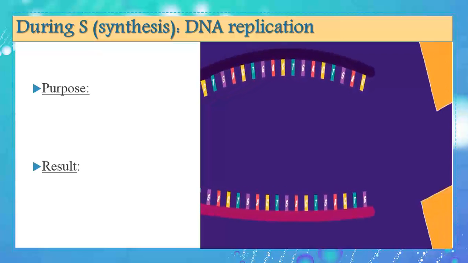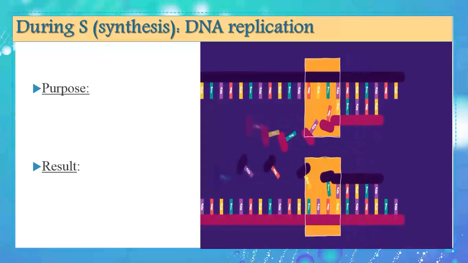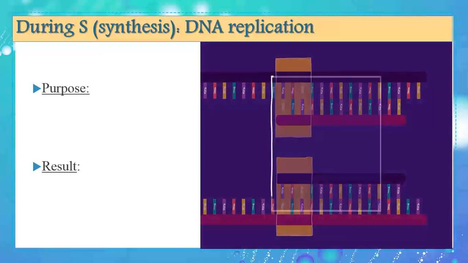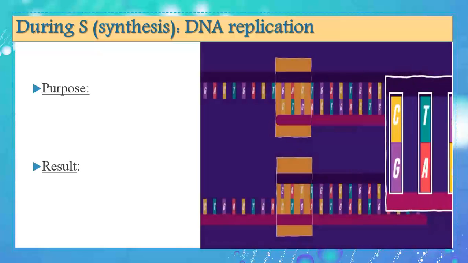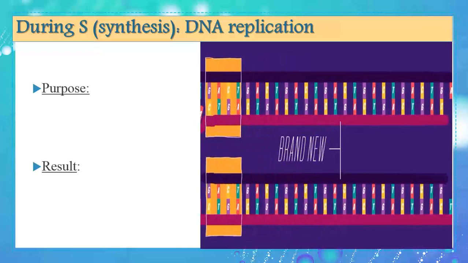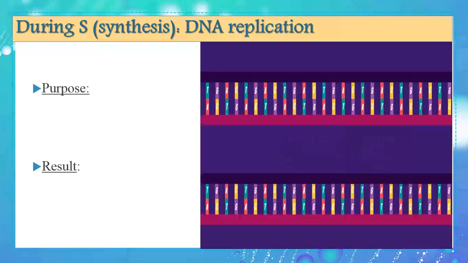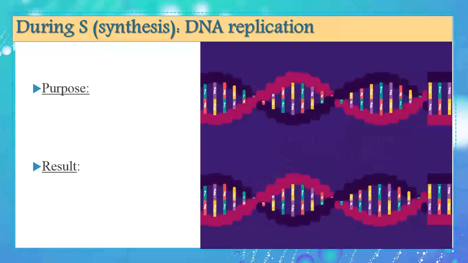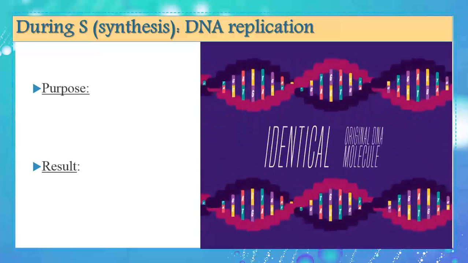An enzyme called DNA polymerase attaches itself to the DNA strands and is used to add complementary free nucleotides to the now exposed bases on both strands. A pairs with T and C pairs with G. This forms 2 DNA molecules, each of which has 1 brand new strand and 1 from the original DNA. These 2 strands twist to form a double helix. The 2 new DNA molecules are both identical to the original DNA molecule.